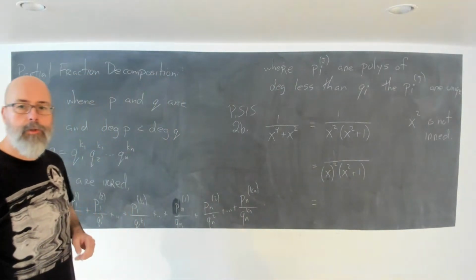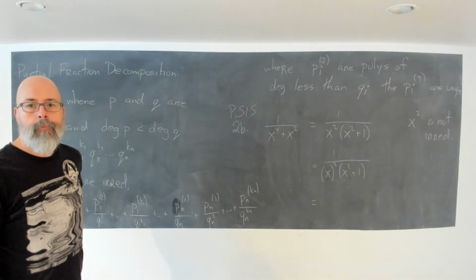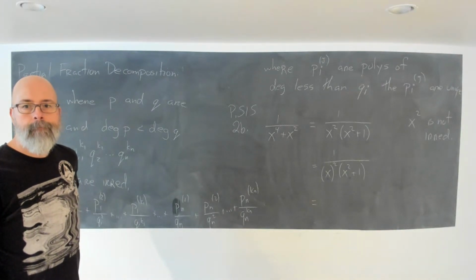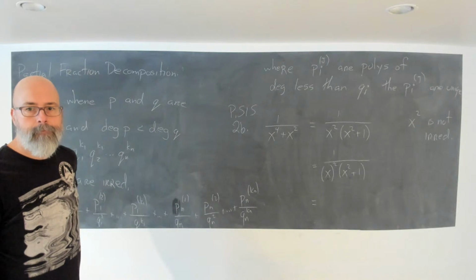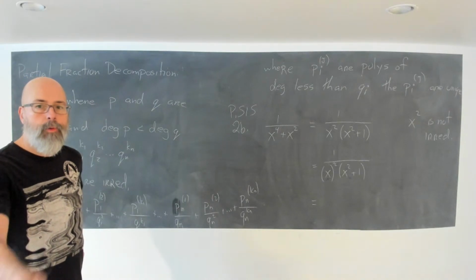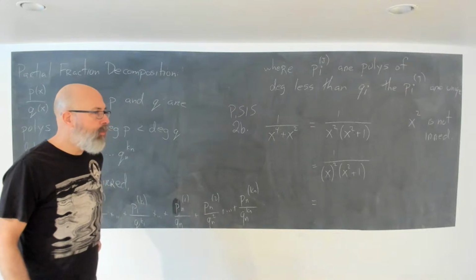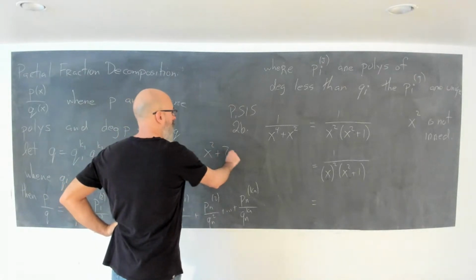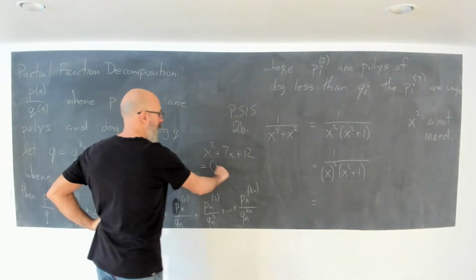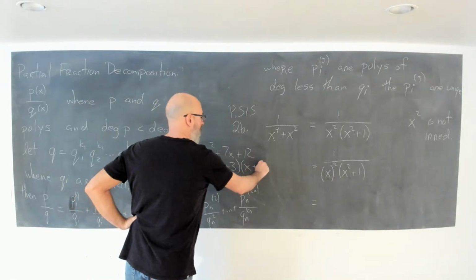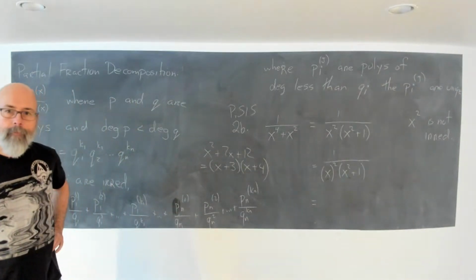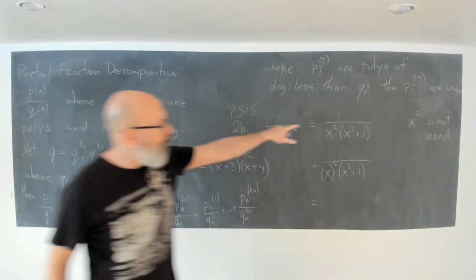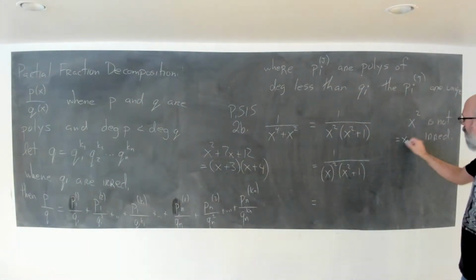Exactly. 0 is a root. Degree 2 polynomials are not irreducible in general. If you have x squared plus 7x plus 12, this factors as x plus 3, x plus 4. So this is not irreducible. X squared is not irreducible because it factors as x times x.